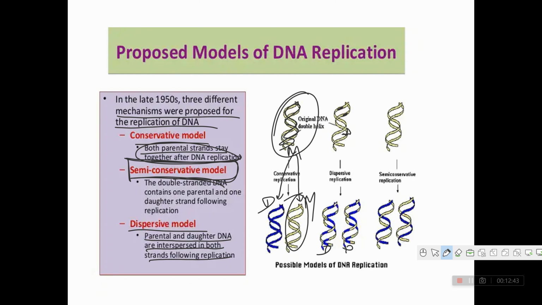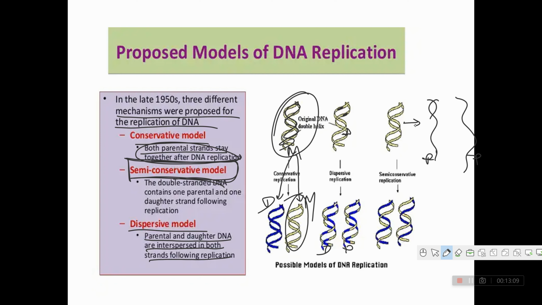In semi-conservative DNA, these both strands will be separated, and both strands act as template for the new strand. This is the parental type.